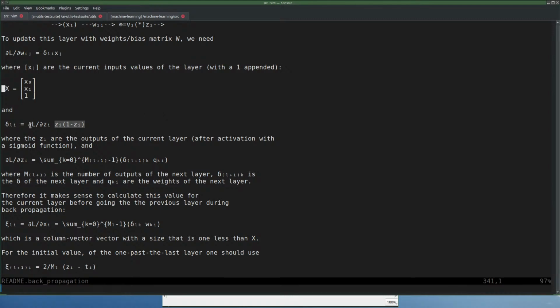So the delta is actually the change of the loss function as a function of the output of the activation function. That was what Z was. That is the input of L times, I think this is then dz dv, where v is the output of the matrix multiplication and z is the output of the activation function.